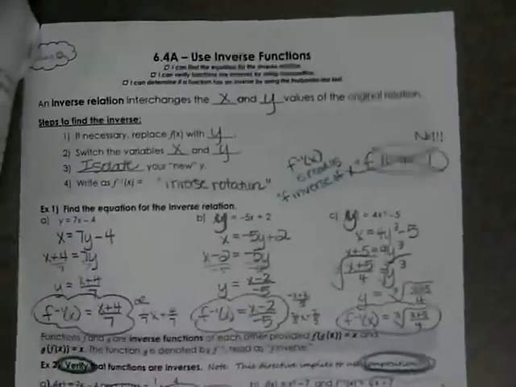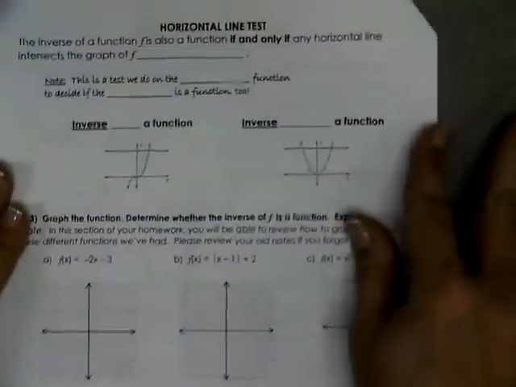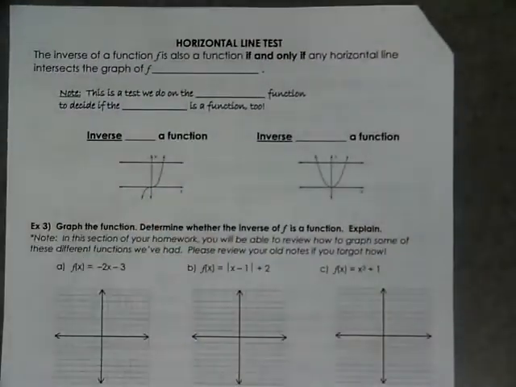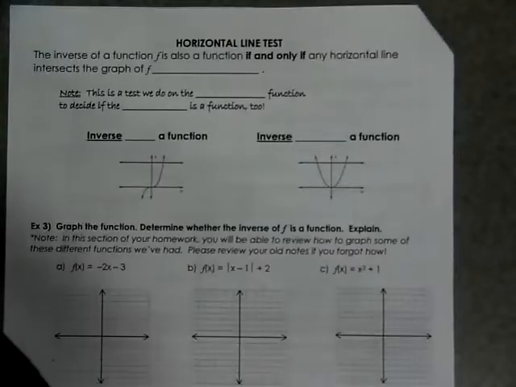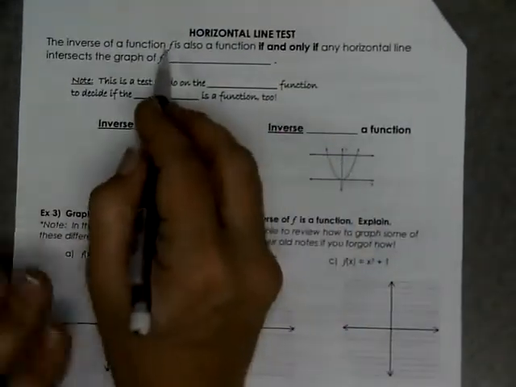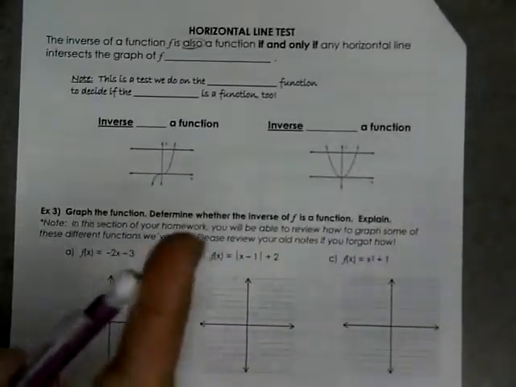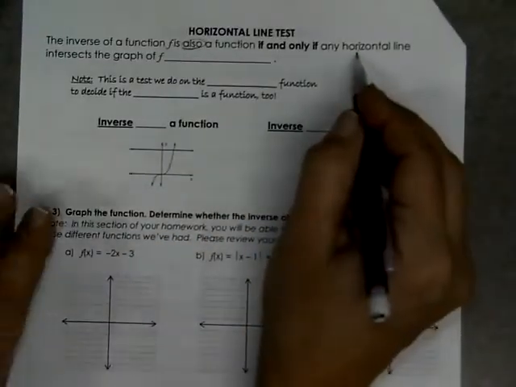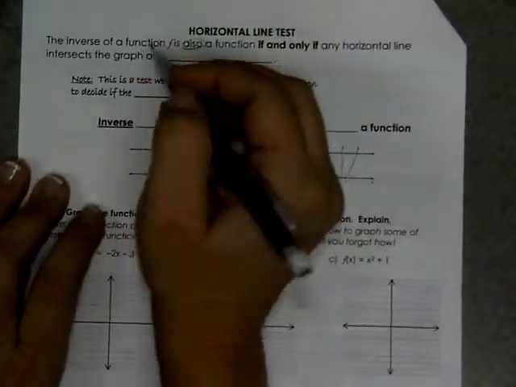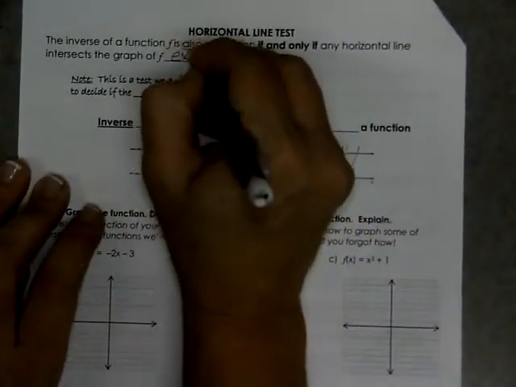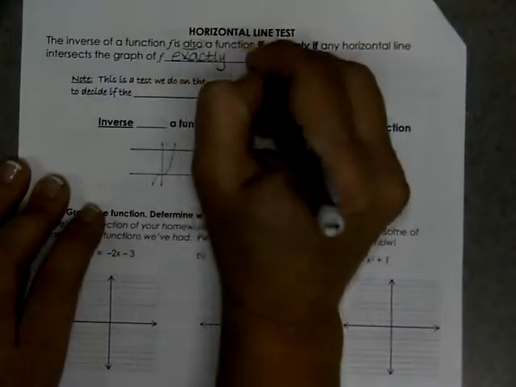All right, so the last learning target specifically says, I can determine if a function has an inverse by using the horizontal line test. What is the horizontal line test? Well, when we talk about the horizontal line test, we can say that the inverse of a function f is also a function if and only if any horizontal line intersects the graph of f exactly once.